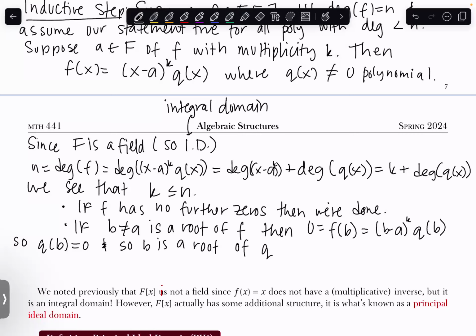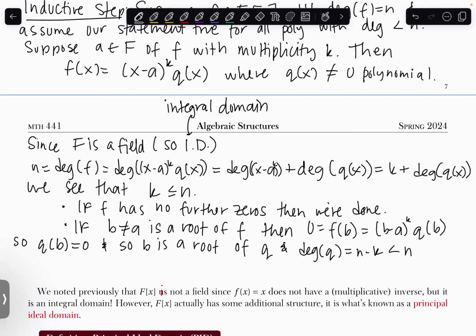But we know exactly what the degree of q has to be. Through this equation, I can just subtract by k. So I know the degree of q is going to be n minus k. And my k here is at least 1 because a is a 0. And so I have a polynomial of a smaller degree now. And so I can apply my inductive hypothesis on here.